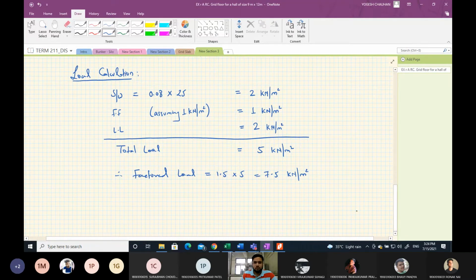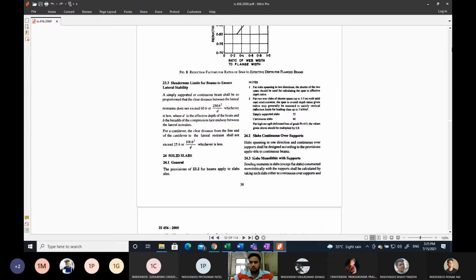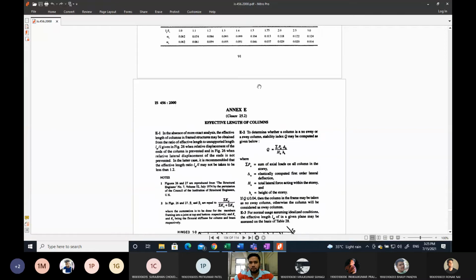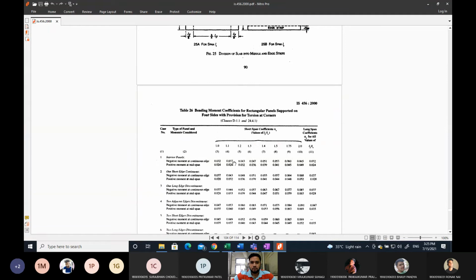Now we find the design forces. So from Table 26, page 91, IS 456 2000, the coefficients for bending moment are 0.032.